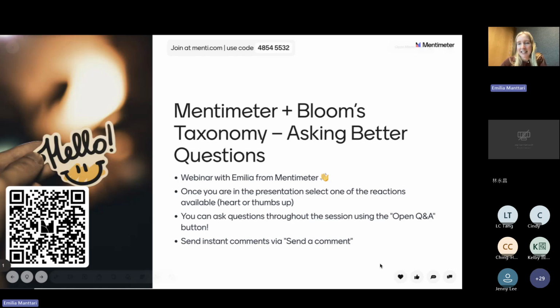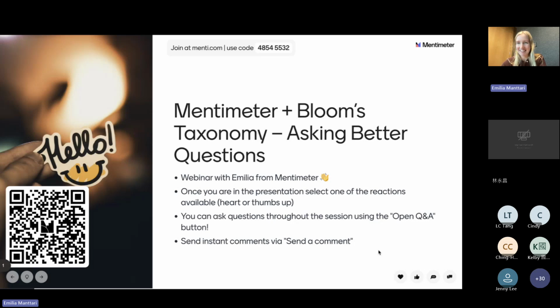You will also have the option to use the reactions, the heart and the thumbs up. At any point you can send a comment through the send a comment button. For questions, we also have the Q&A open. If you have any questions for me at any point during today's session, feel free to submit them in the Q&A, and I will be happy to answer any questions that you might have.